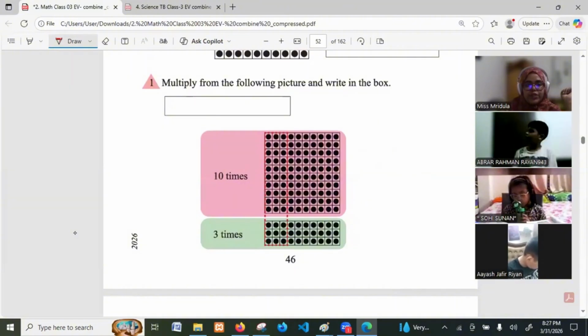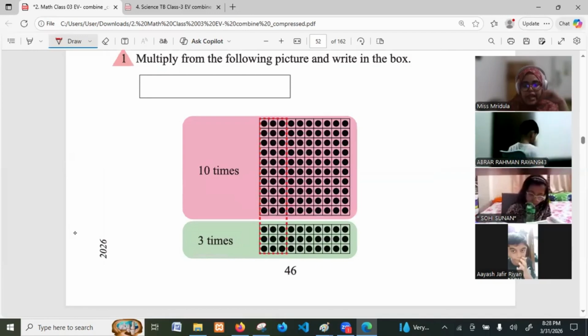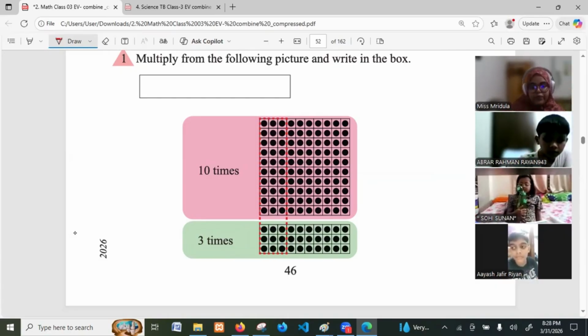Okay, so here what we have: multiply from the following picture and write in the box. See what they have done. They have some 10s, right? And they have 3s. So basically, how many of what are we going to take?